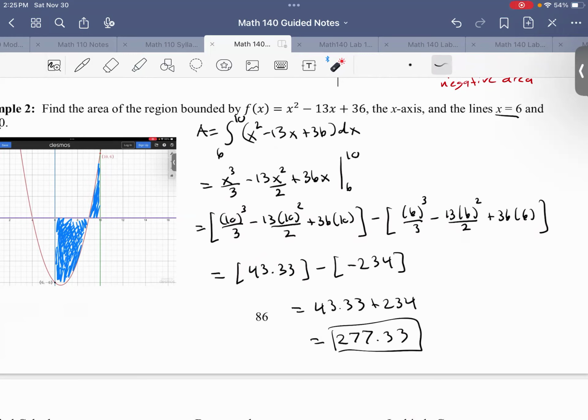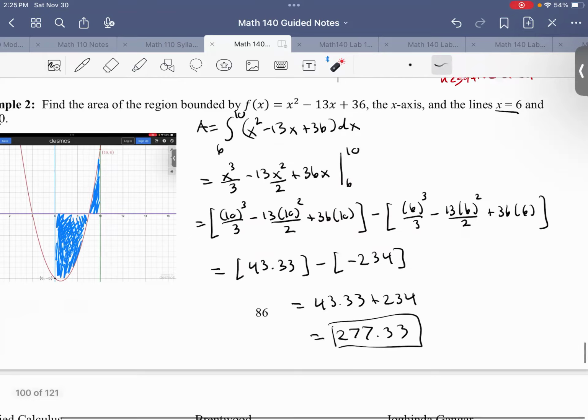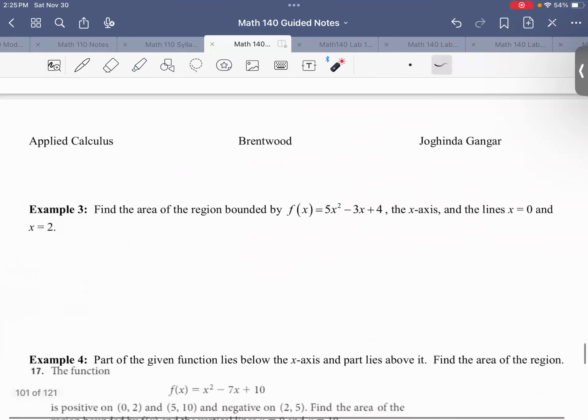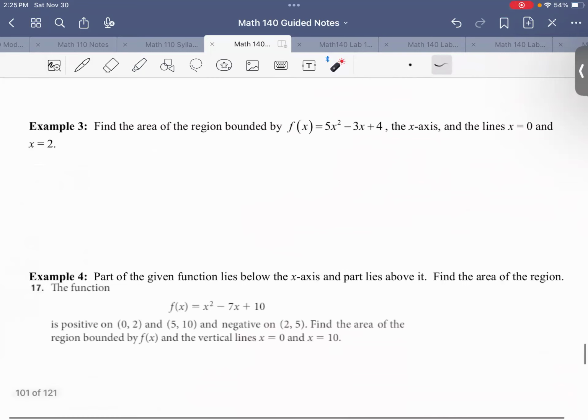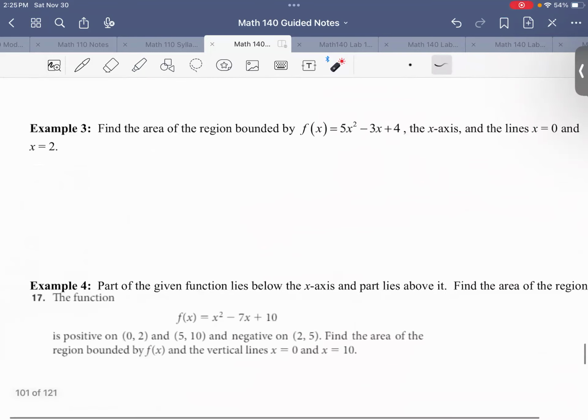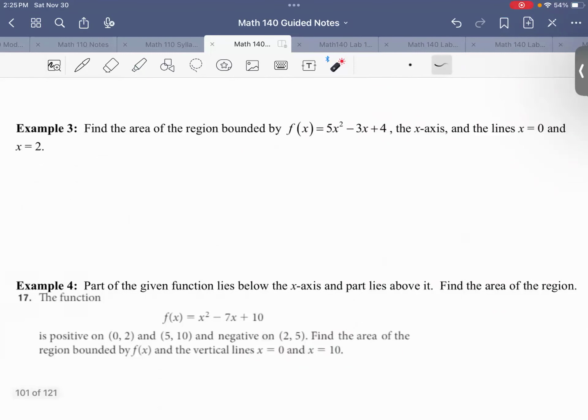Okay, so let's go ahead and try one more. It says, find the area of the region bounded by f of x equals 5x squared minus 3x plus 4, the x-axis, and the lines x equals 0 and x equals 2.